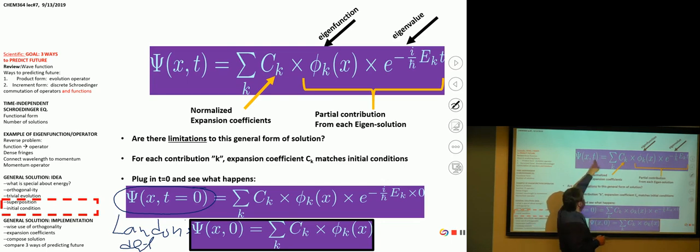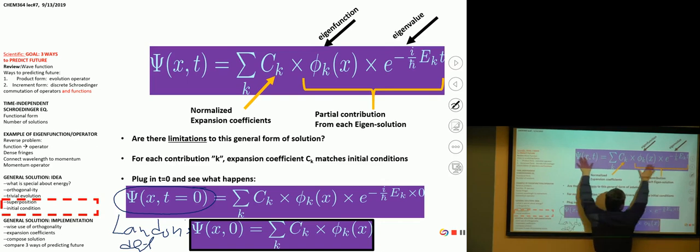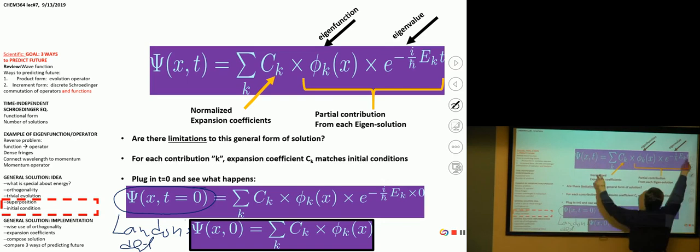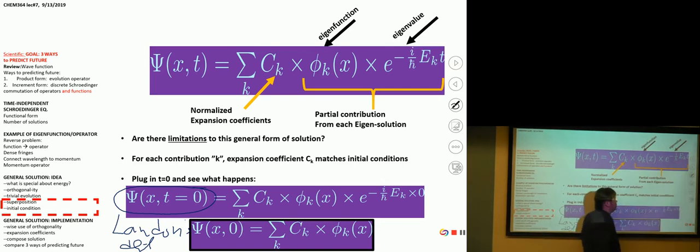If we have a certain past at time equals 0, then we can set time equals 0 on both the left and right sides. So just plug in t equals 0 on the left and t equals 0 on the right.